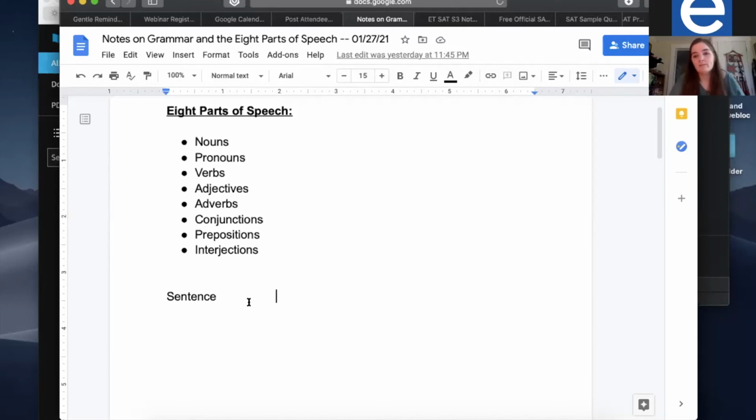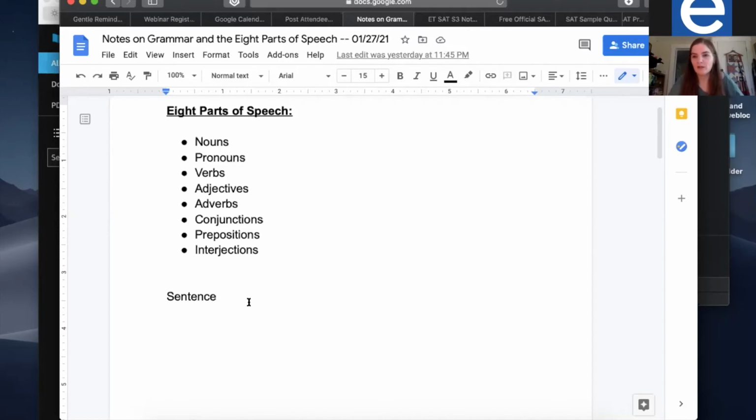Verbs. In essence, verbs are action words. The technical definition is much more complex than that, but it is in essence an action, whether that's a physical action, a mental action, an emotion that you're experiencing, or a state of being, even expressing a state of existence.